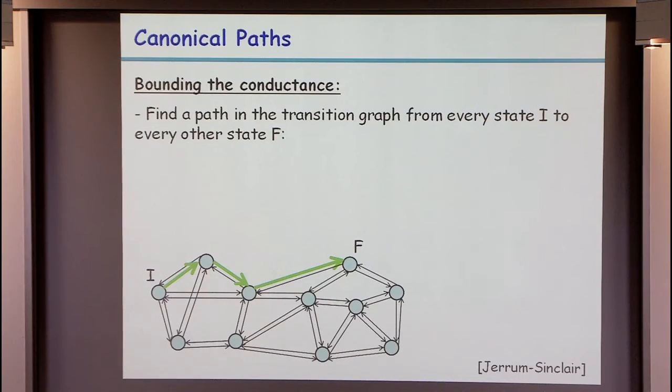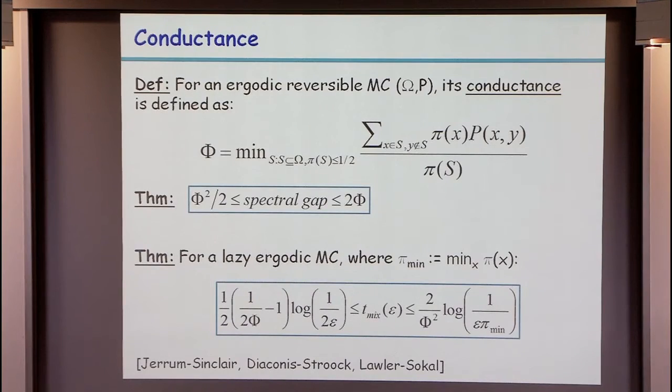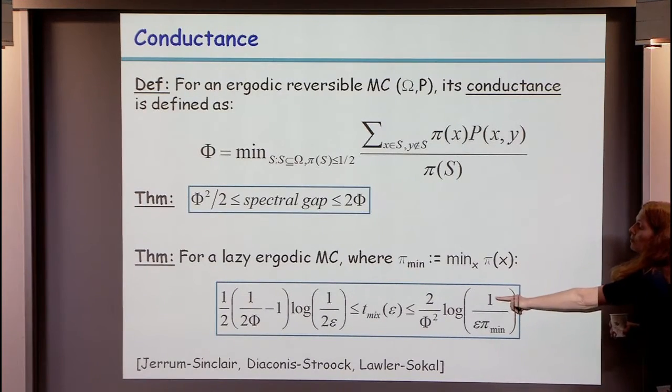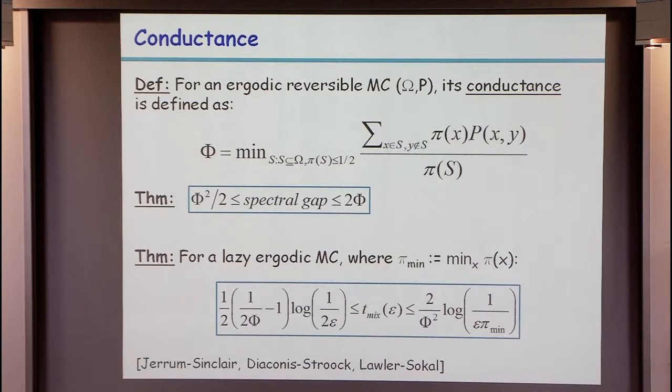Okay, well, that's nice. But now the question is, what we really want is usually to provide an upper bound on the mixing time, so a lower bound on the conductance.